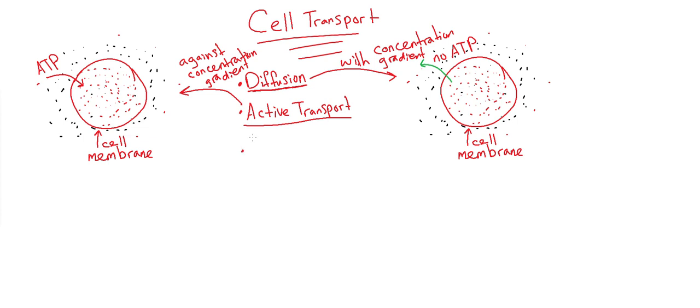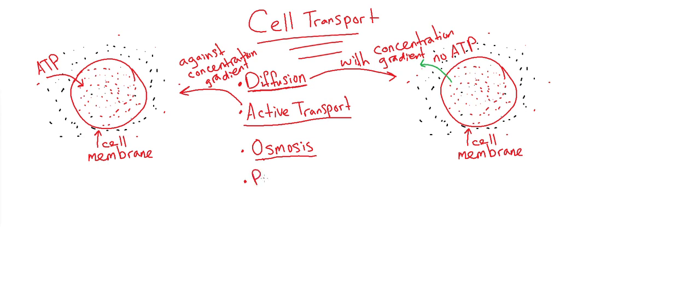And the third and final, if you want to call it final, type of cell transport is osmosis. Now, this is really the same thing as diffusion, as its definition is the diffusion of water. So clearly, what I just explained right here. Now, there is a fourth one too, if you want to count this.